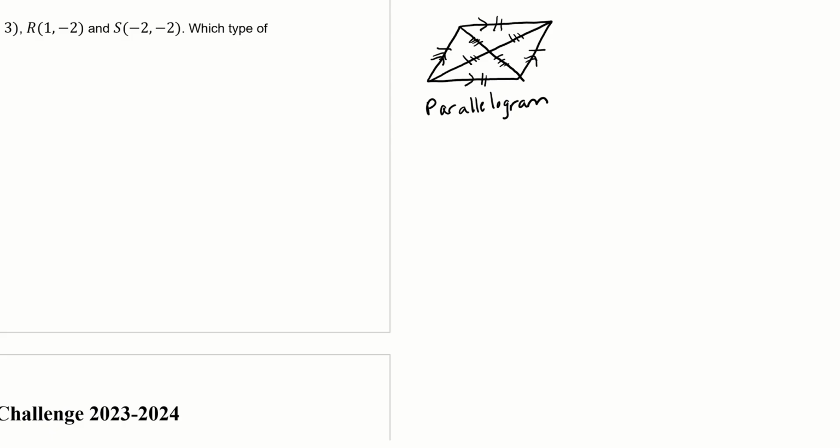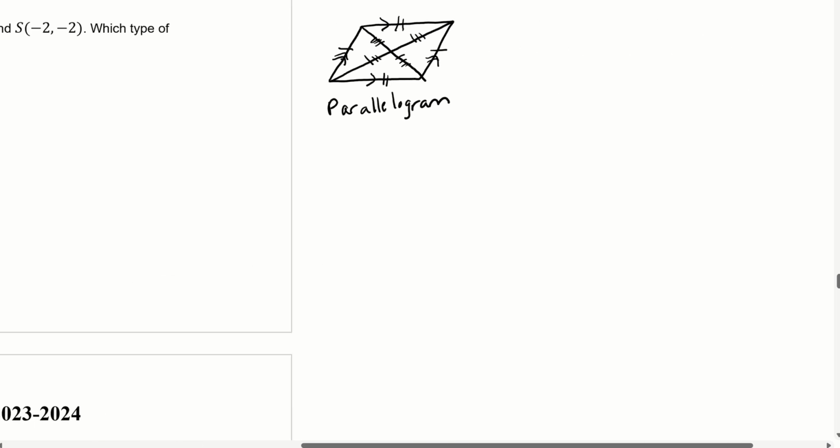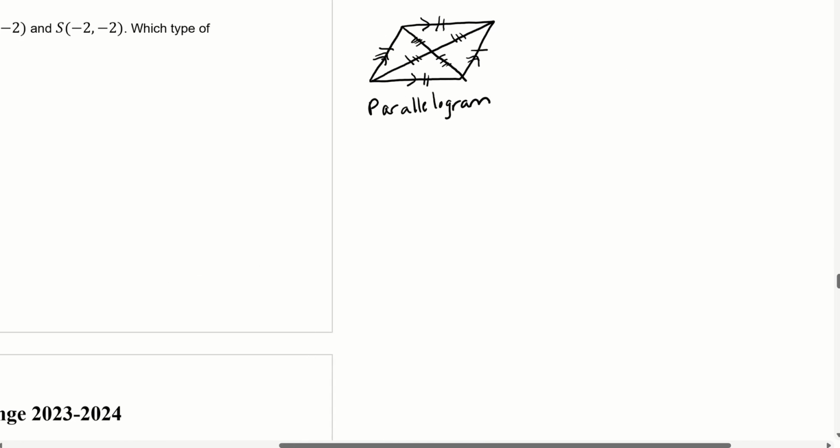Okay, so in order to prove a parallelogram, you have to show that the sides are parallel, or you have to show that opposite sides are congruent. You have to show that the diagonals cut each other in half or bisect each other. All right, and in order to do that, you have to find out lengths, distances, slope, things like that.